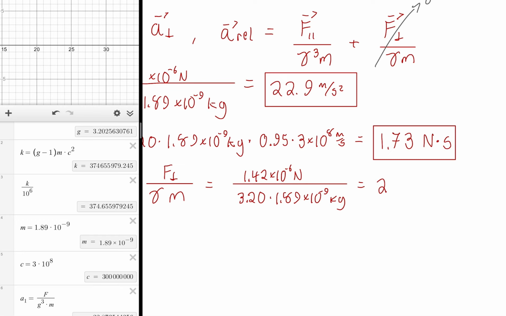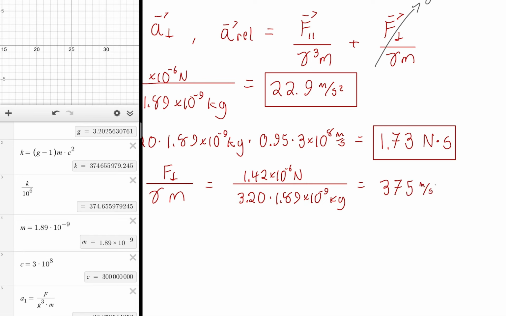The perpendicular acceleration is inherently going to be larger, and the faster you go, the bigger gamma gets, the bigger the discrepancy between the two. So the parallel component gets more and more affected until you approach only having a perpendicular component. So 374 or 375 meters per second squared.